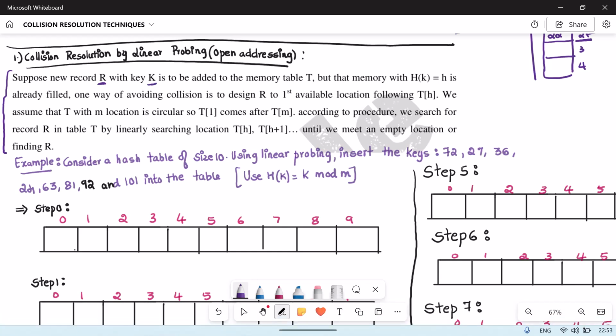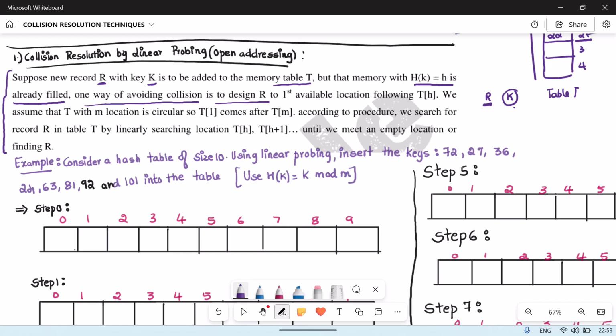Its key is K. There's a record R whose key is K, and we want to add it to the table T. But we see that the particular location is already filled, so K is already mapped to another element. Now what to do?